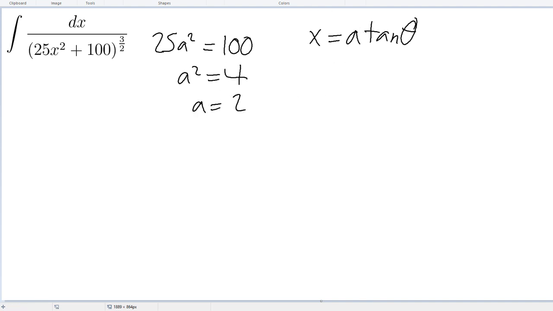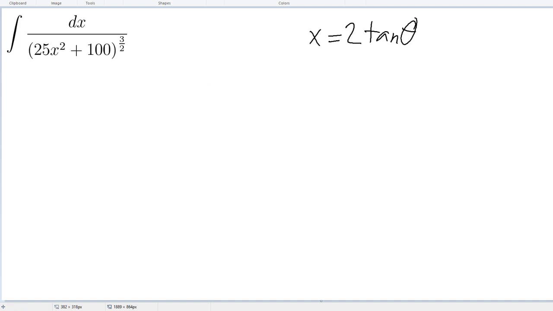So we will be using x equals 2 tan theta. Cool. And then dx is equal to 2 secant square theta d theta. Awesome.